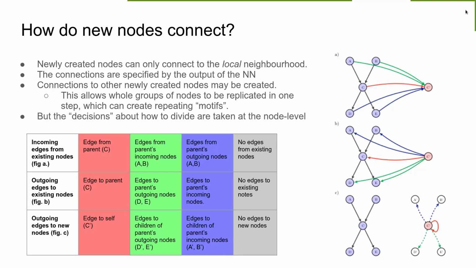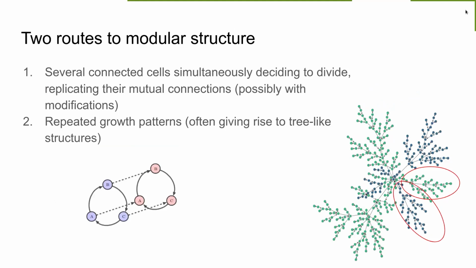So that means you can get whole groups of nodes which all decide to divide at the same time and retain their mutual connections amongst themselves. That allows two different routes to modular structure. One way is that a whole group of nodes can divide and keep their connections.